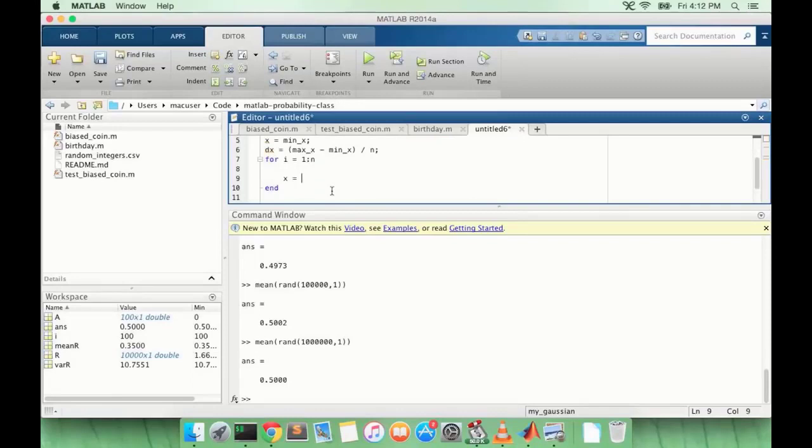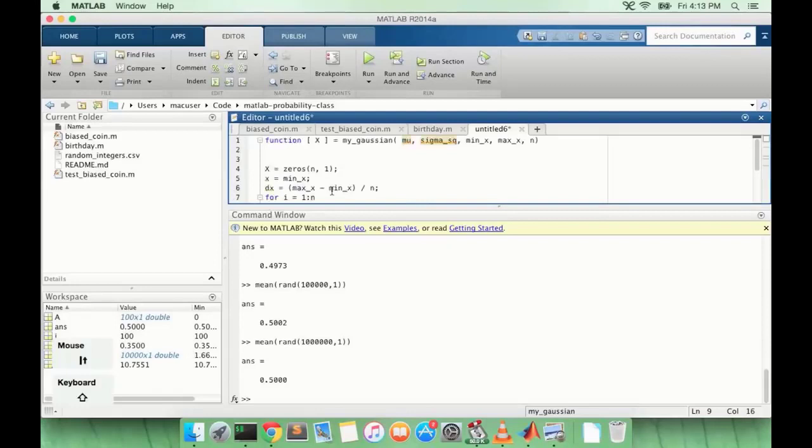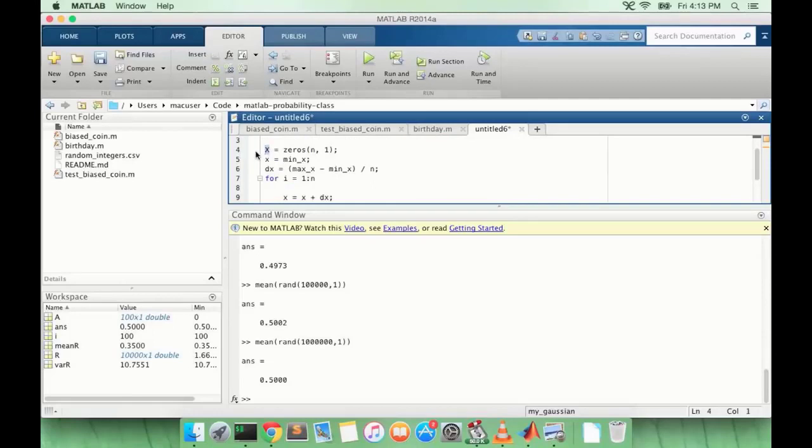So at the end of the loop, we're going to add dx to x. We're going to call this f. Okay, so we're going to return, let's return the array of x values also.